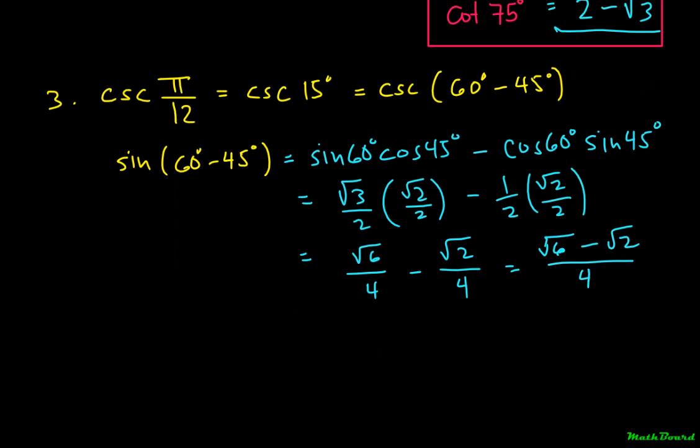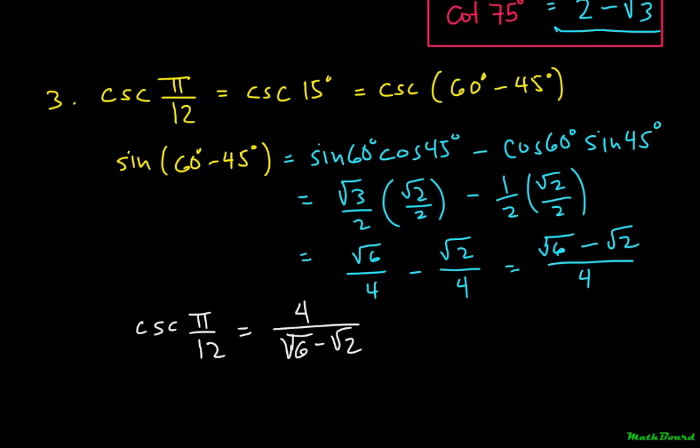Okay, and then we get the reciprocal since we are talking of cosecant. So therefore, cosecant pi over 12 is the reciprocal, which is 4 over square root of 6 minus square root of 2.